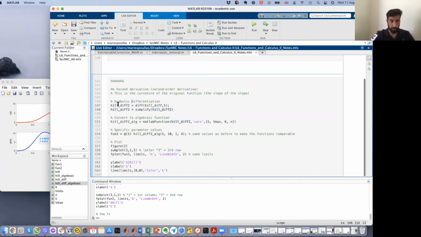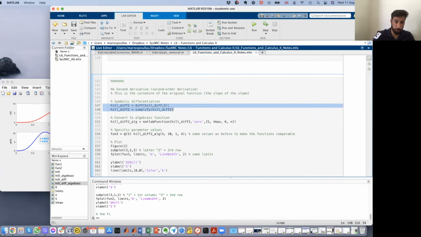Then we'll need to convert the symbolic function into the algebraic function. As said, before doing that, by creating the symbolic function using the differentiation function, we always use the simplify function as well, just to get it into the simplest possible form.